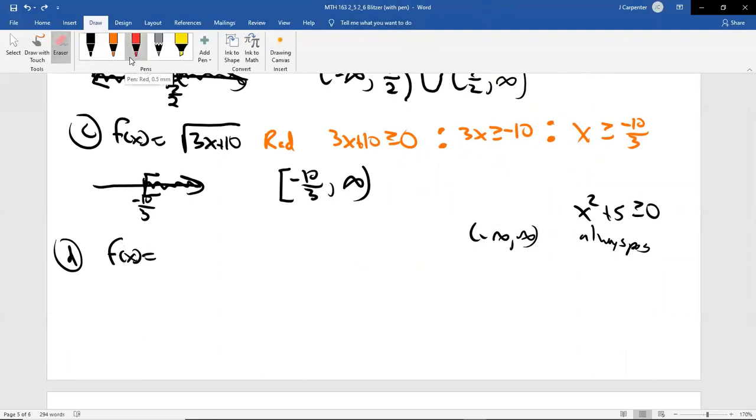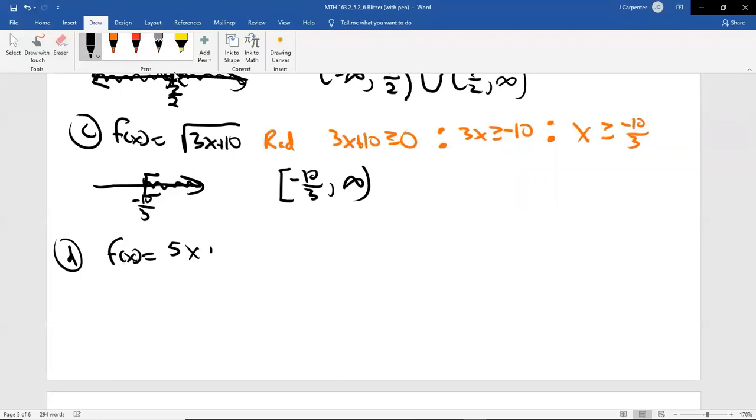So I don't want to leave this up here for confusion in my notes later. F of x equals, for D, the square root of 5x plus 3 in a fraction. That question that was asked was an excellent question. I'm not going to do exactly that type of problem, but I will do two in a similar concept.